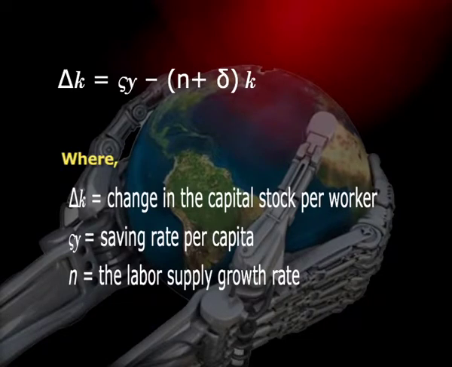The equation for the change in the capital stock per worker will then be delta kappa is equal to sigma gamma minus n plus small delta into kappa, where delta kappa is equal to change in the capital stock per worker, sigma gamma is equal to saving rate per capita, n is equal to the labor supply growth rate or the population growth rate.